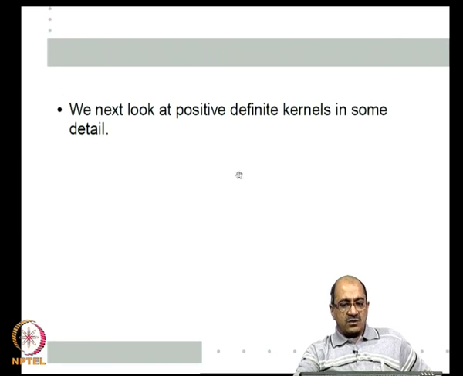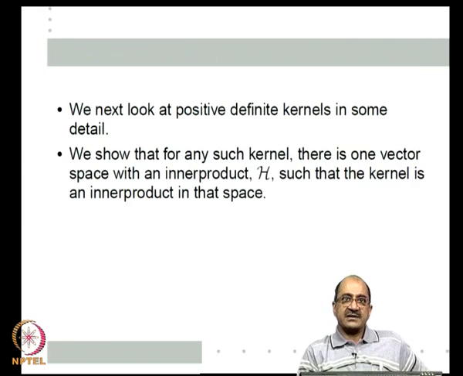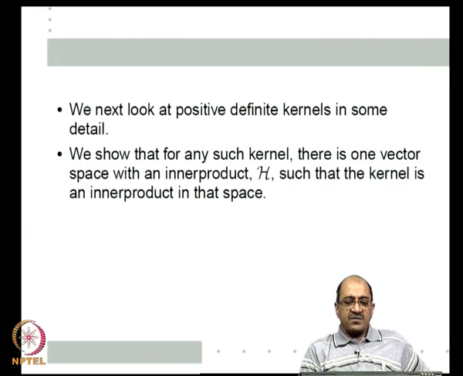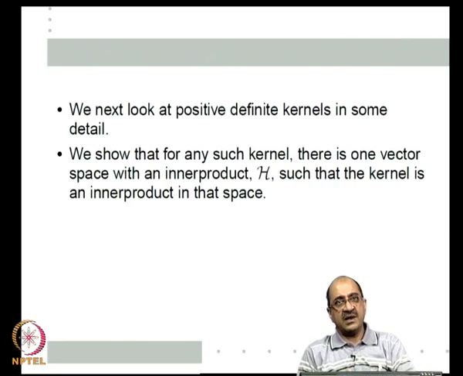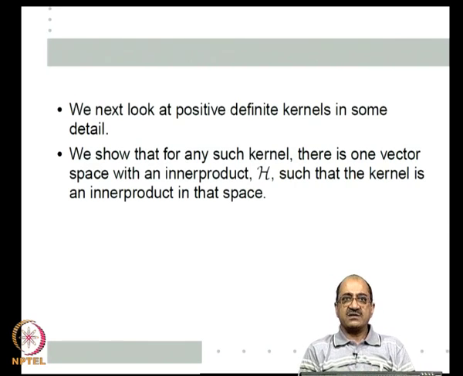Okay. So, we look at positive definite kernels in some detail, because these are one of the most important kernels for pattern recognition today. So, we will show that for any such kernel there is one vector space, we will call that script H, which has an inner product on it. So, a vector space endowed with an inner product that we can construct, so that the kernel is an inner product in that space.